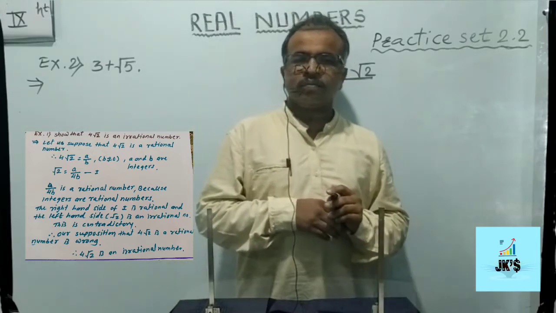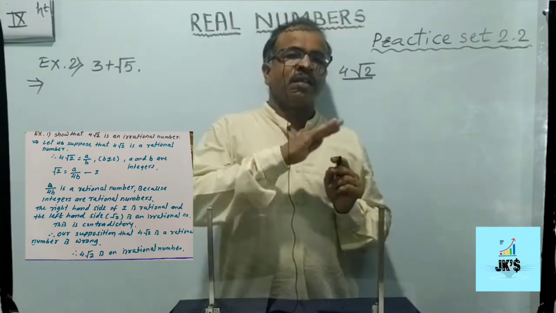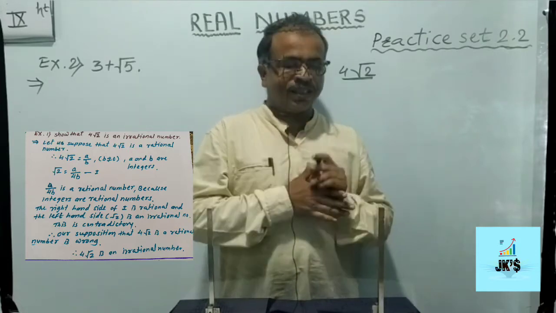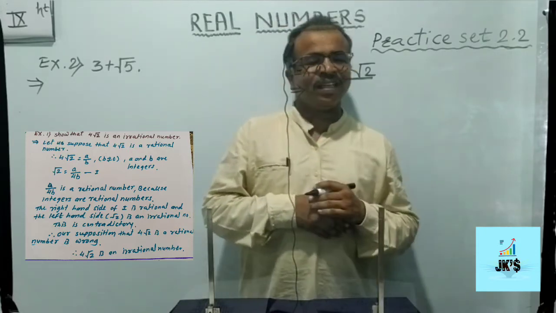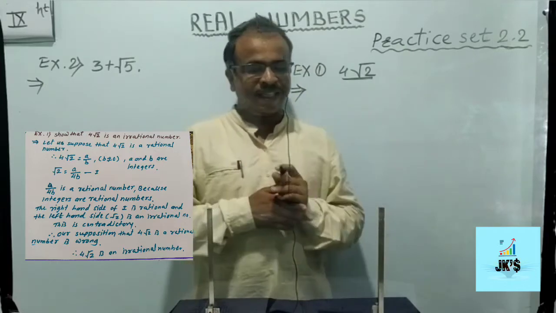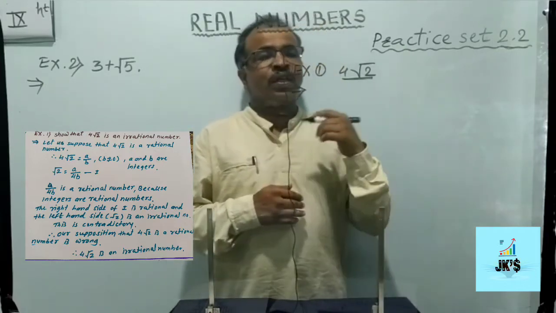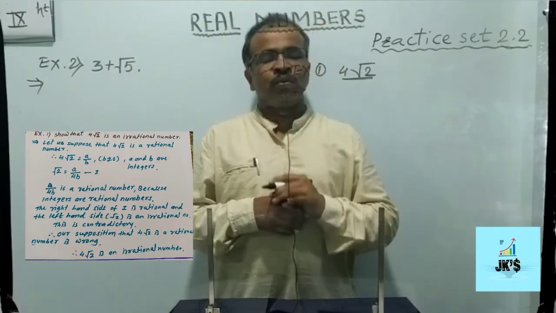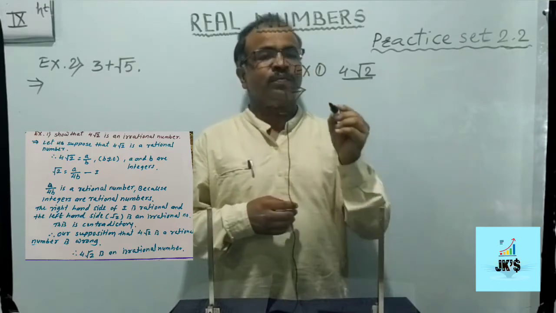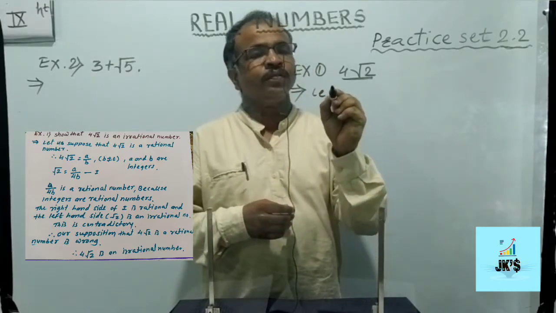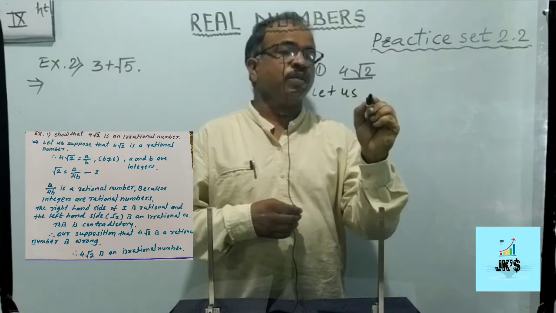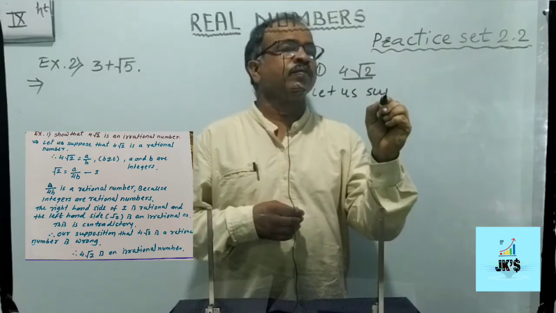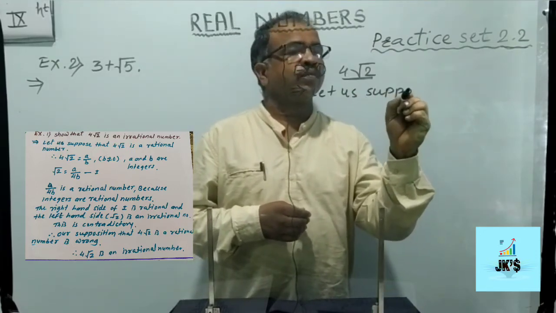Suppose we consider that 4 root 2 is not irrational. If it is not irrational, then obviously it is rational. So let us suppose that 4 root 2 is a rational number.